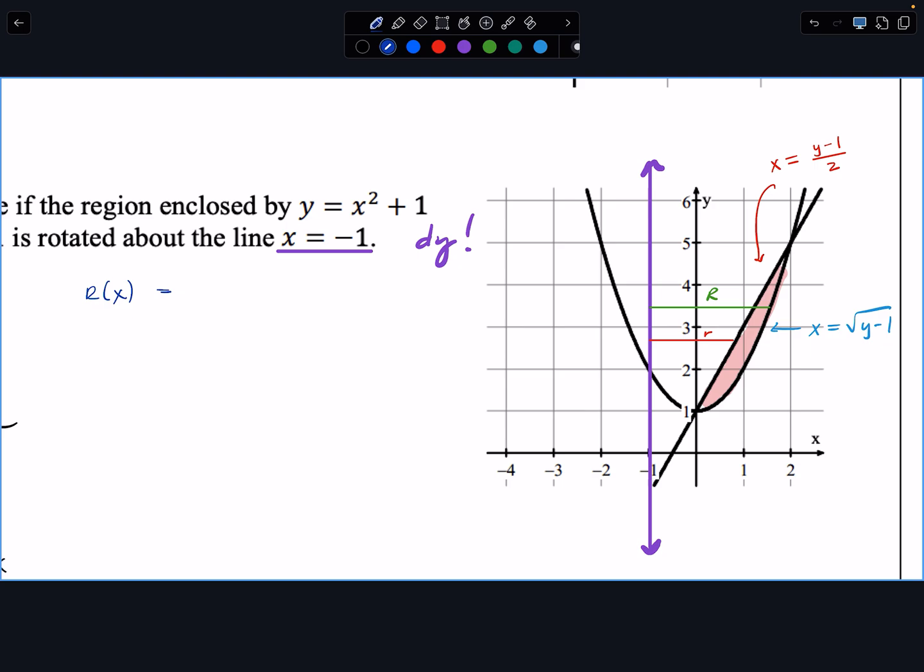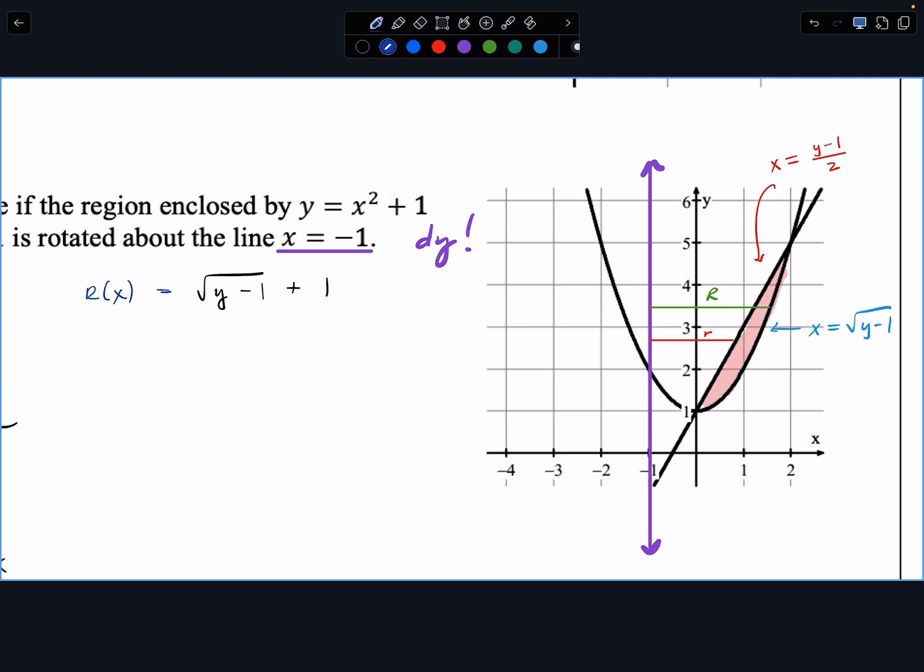The radical. Okay. So if I do right minus left, do you agree it's going to be the radical minus the line? So it's going to be square root of y minus 1 minus negative 1, which will be the same thing as plus 1, right? Is everyone cool with that?